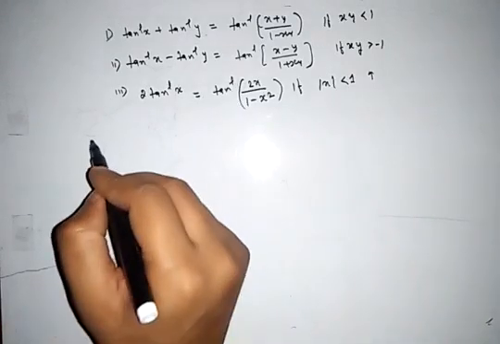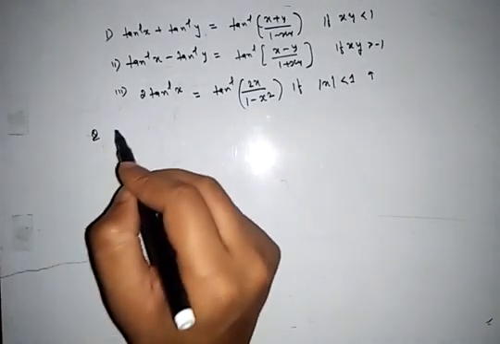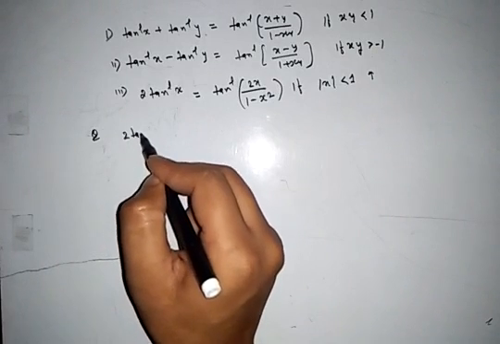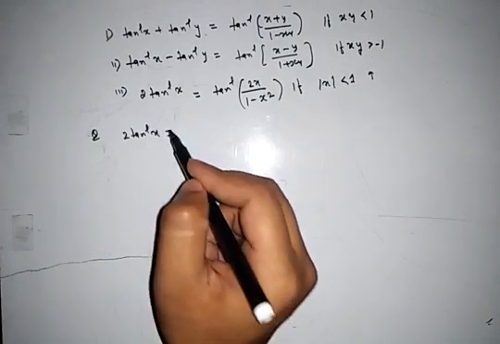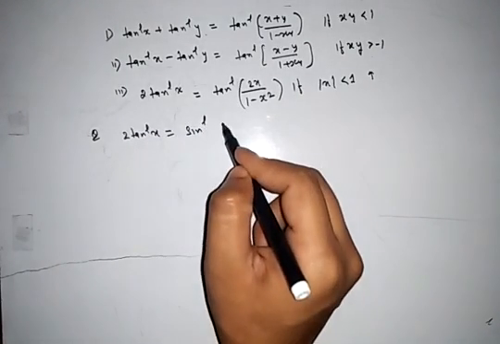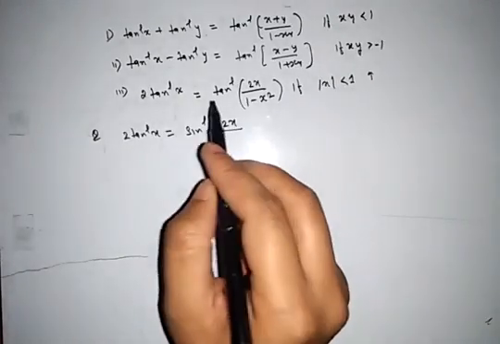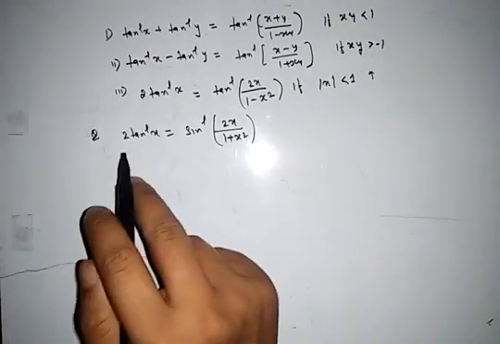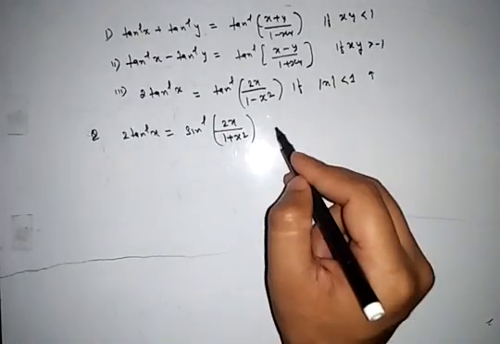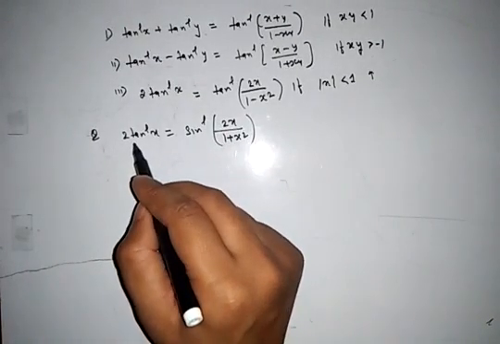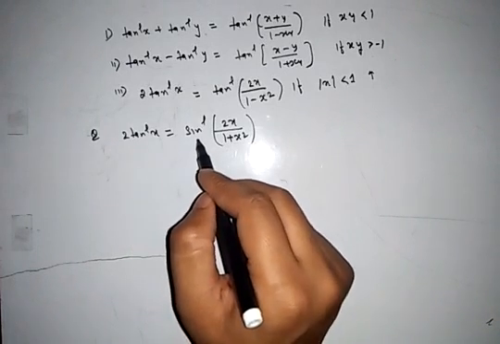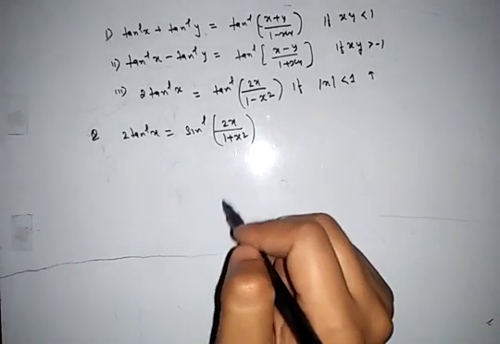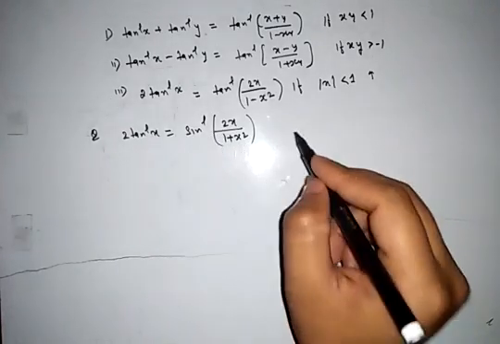So take examples here. Suppose we have to prove that twice of tan inverse x is equal to sine inverse of 2x by (1 plus x square).